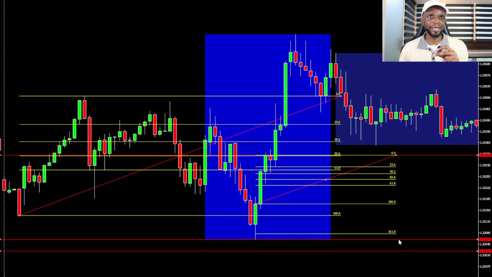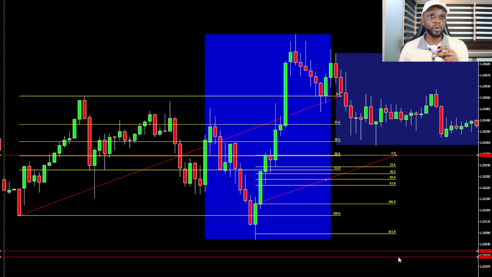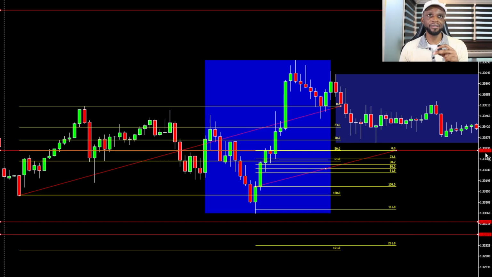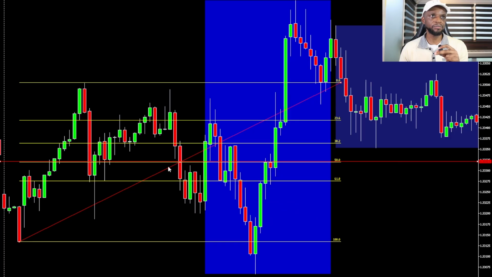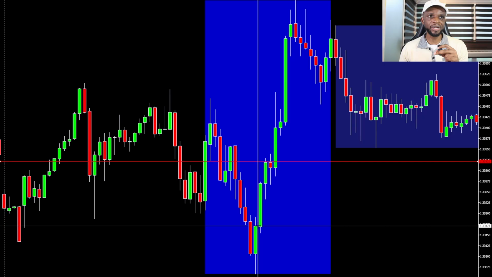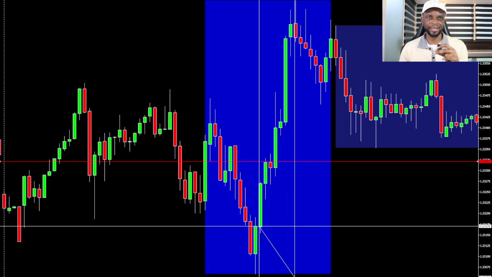So it means my stop loss would be somewhere here. Okay, so it will be a 1-to-1. Okay, I'll delete this so it becomes clearer. So it will be a 1-to-1. So I would have entered here and closed it here with my stop loss further down there.